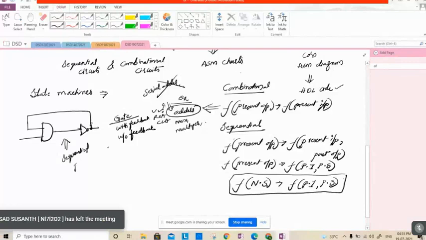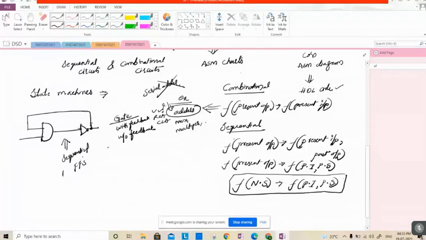But it is not having any flip flops, right? No flip flops and no latches, no D flip flop, no T flip flop, no JK flip flop, no SR flip flop, no counters, and no clock signal.